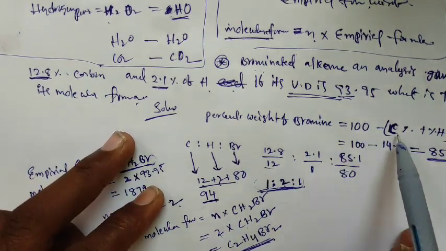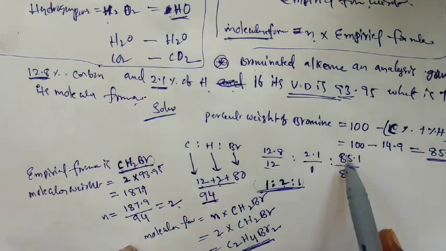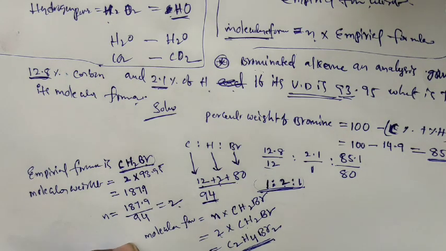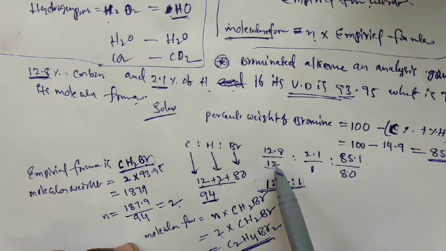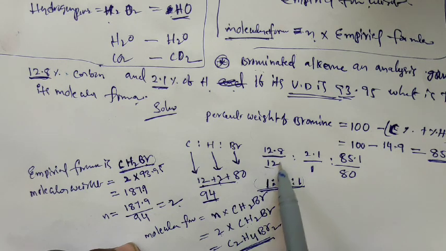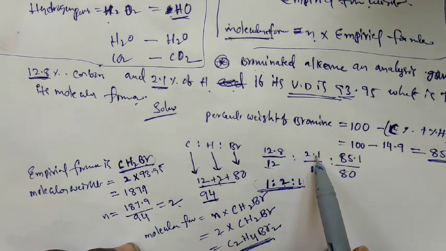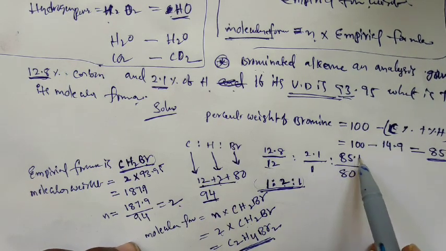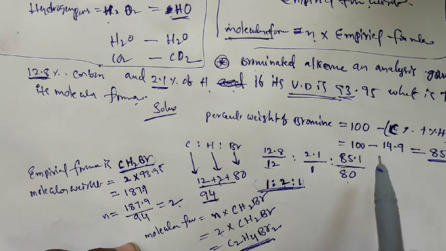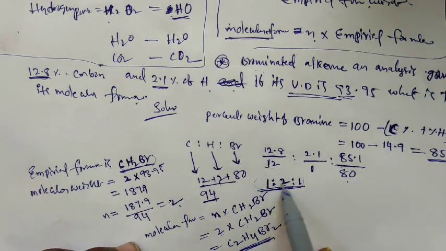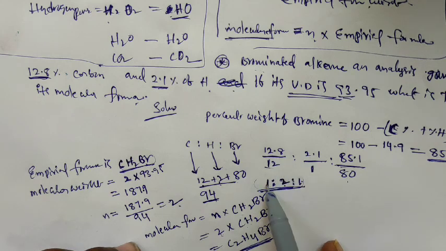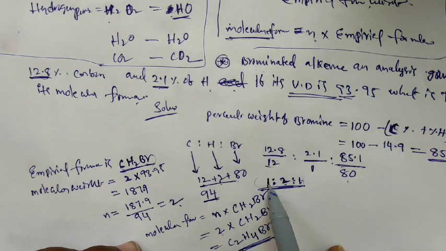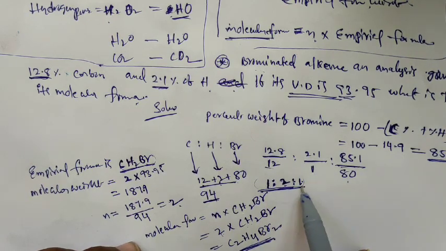So 100 minus carbon percentage, hydrogen percentage, we will get 85.1 percentage bromine in the given compound analysis. Okay, in that 12.8 percentage carbon by its atomic weight 12, 2.1 percentage hydrogen by its atomic weight 1, 85.1 percentage bromine by its atomic weight, we will get the ratio 1:2:1. That means 1 carbon atom, 2 hydrogen atoms, 1 bromine atom is there.